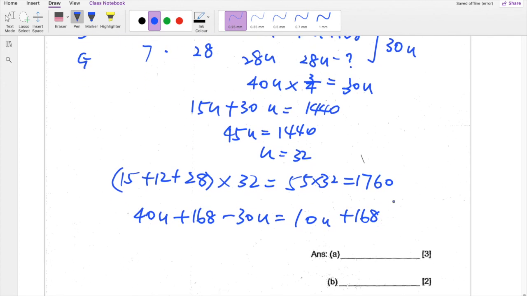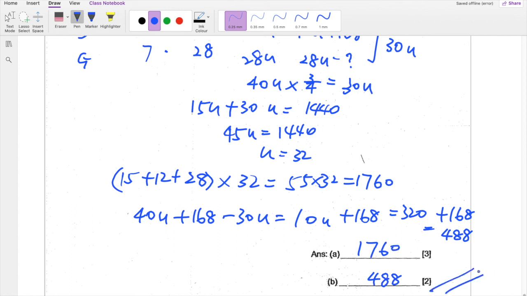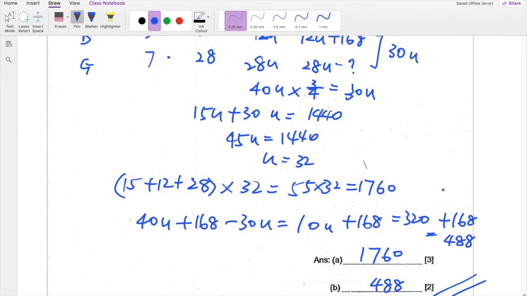Right? So the amount would be 320 plus 168. It gives 488. So the total amount is 488. And here 1760. So it ends today's paper.